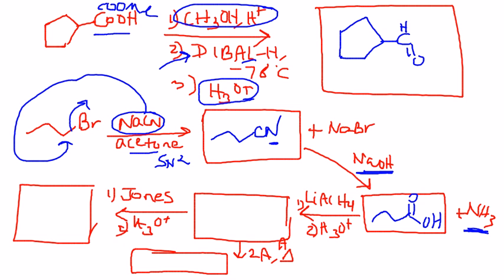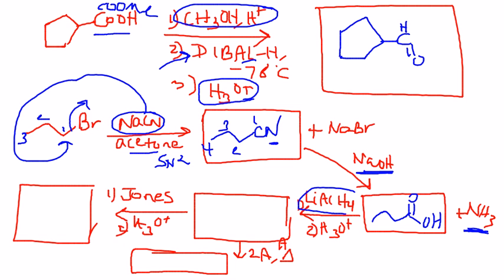Also realize, like I said in class, when you do this kind of methodology, cyano groups are used to increase the chain length by 1. So you started with 1, 2, and 3, and now you have 1, 2, 3, and 4.